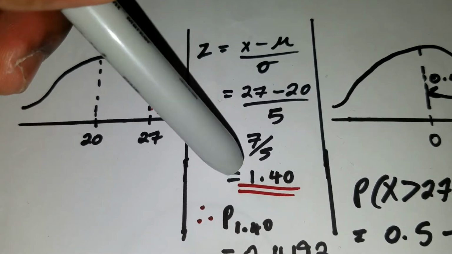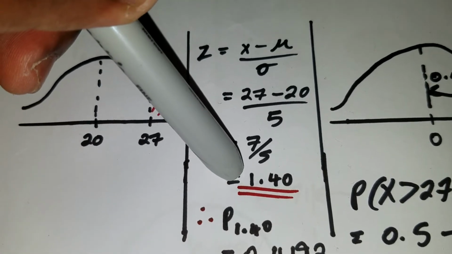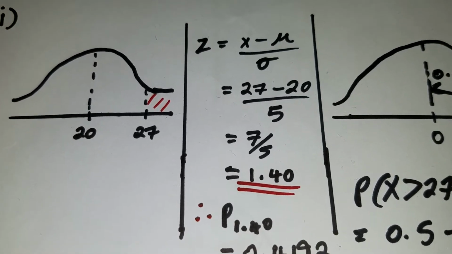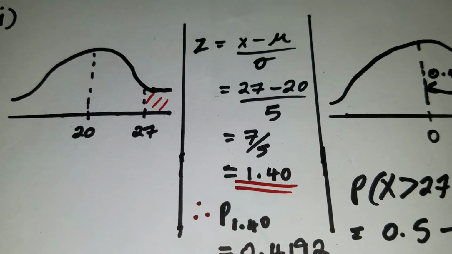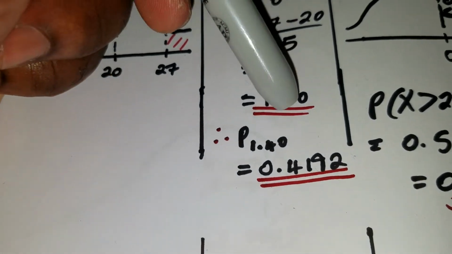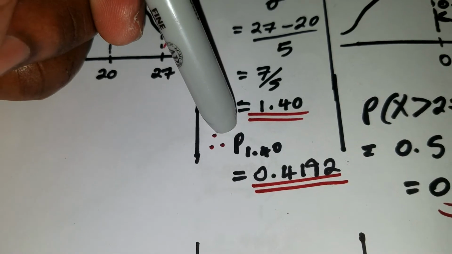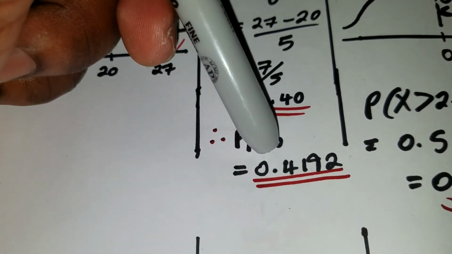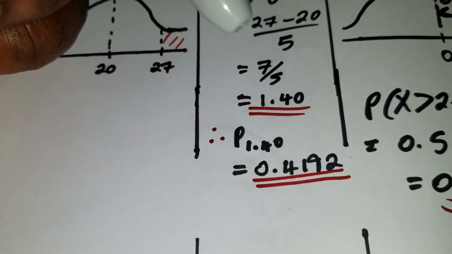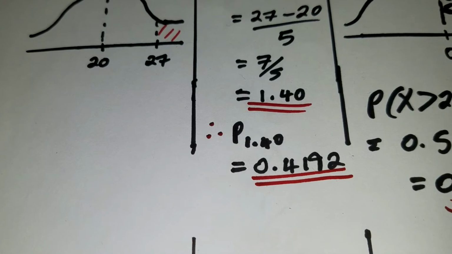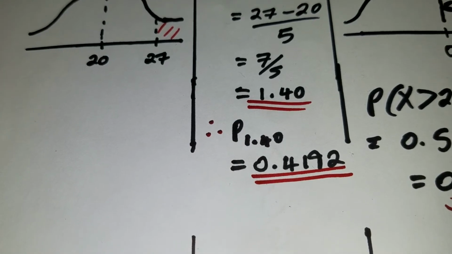It's good to leave the z-score at 2 decimal places because the table usually reads at 2 decimal places. If we go to our table, the probability for a z-score of 1.40 is 0.4192. If you want to look back on the video I did about how to read the z-score table, the link will be provided.